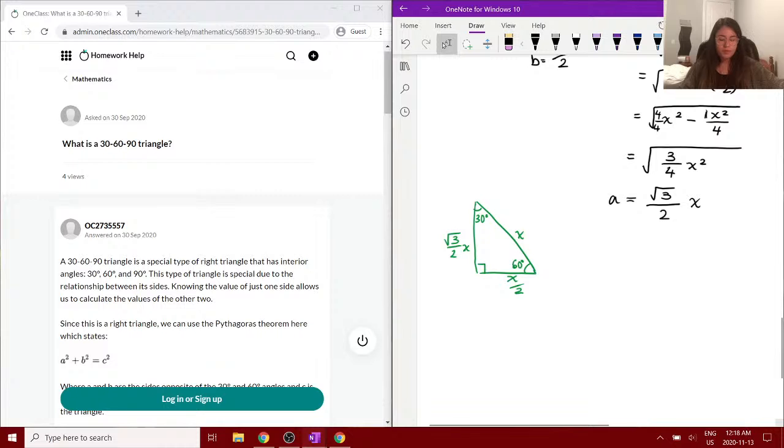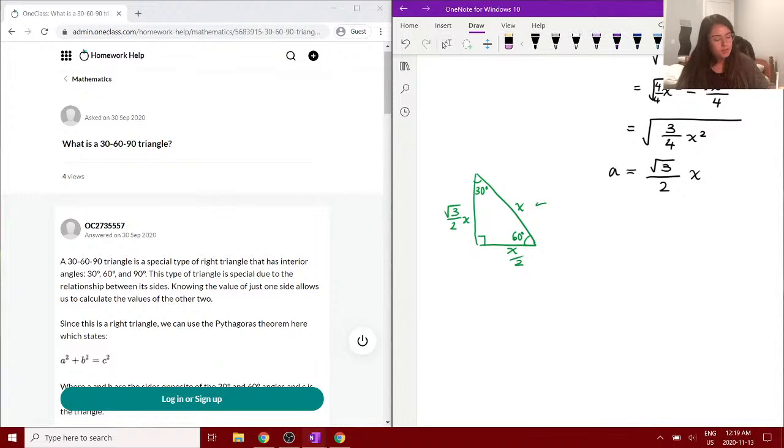So basically what that means is with this special triangle, our 30, 60, 90 triangle, we can be given any one of the lengths of these sides and figure out the lengths of the other sides. Okay, so let's go through an example.